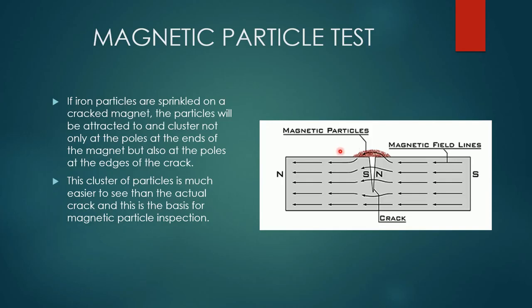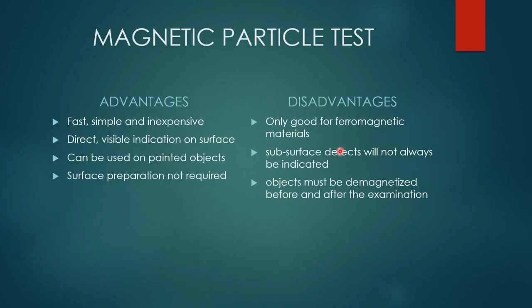Okay, so now we will see some advantages and disadvantages of the magnetic particle test. In advantages, it is very fast, simple and inexpensive. We don't have to spend a lot of money. The second one is direct visible indication on surfaces, right? Then the third point, it can be used on painted objects.